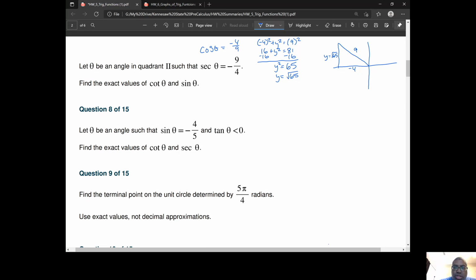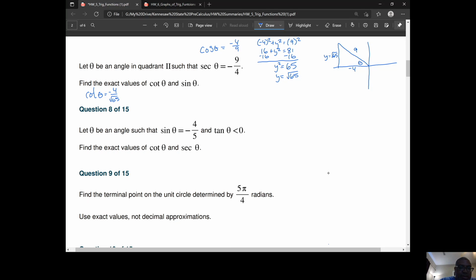All right, so the cotangent of theta: tangent is equal to opposite over adjacent, so cotangent is equal to adjacent over opposite. So I end up with negative 4 over root 65.